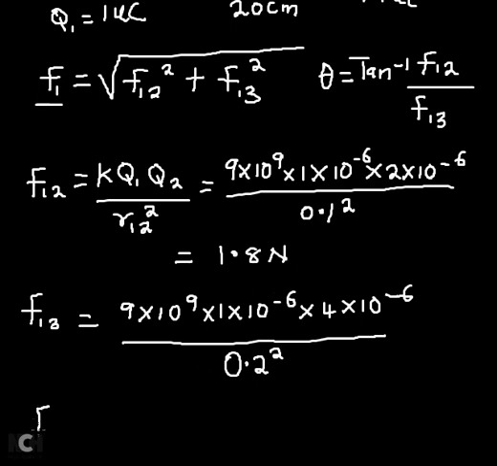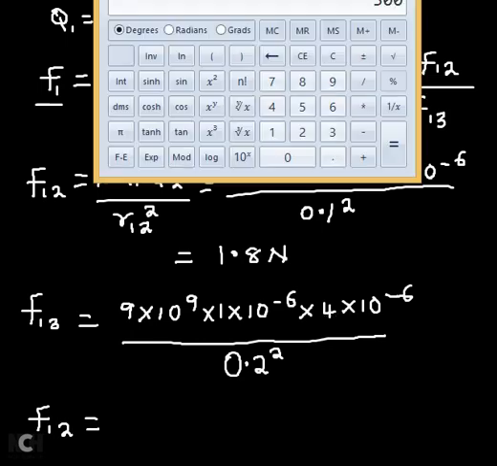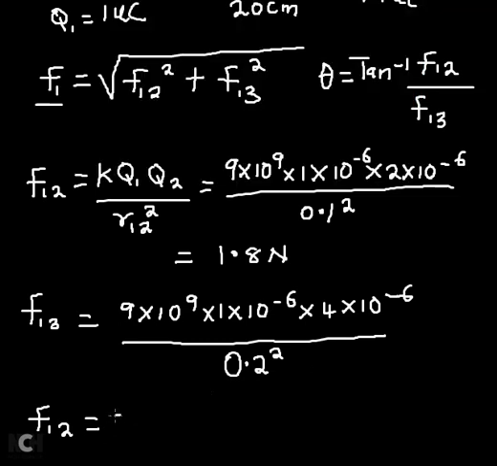Here we go. 9 times 4, I have 36. Then of course 0.2 squared is 0.04. So 900, and 900 divided by 1000, I'll end up having 0.9 Newton.